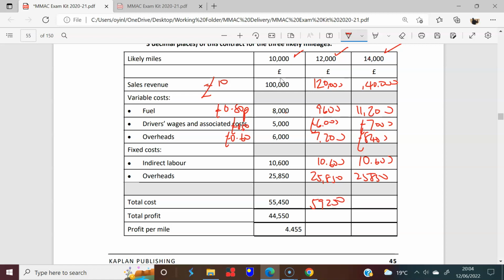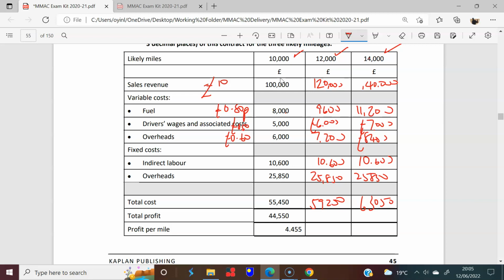Let's just do the same thing here. 11,200 plus 7,000 plus 8,400 plus 10,600 plus 25,850. 63,050. So profit, if you like, let's just deduct this, of course, from the figure here.